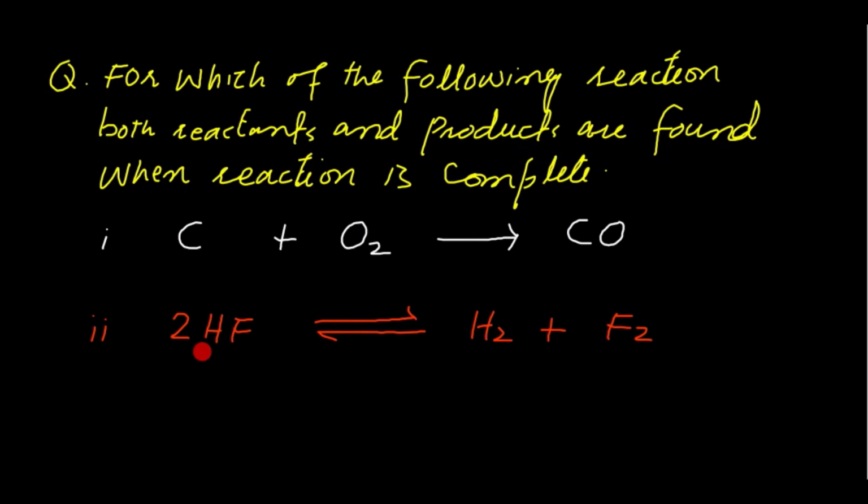If we draw the reaction mixture at regular intervals, we will find all the three species in the reaction mixture, that is, the reactant as well as both the products.